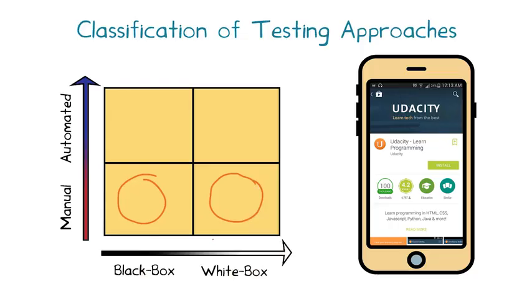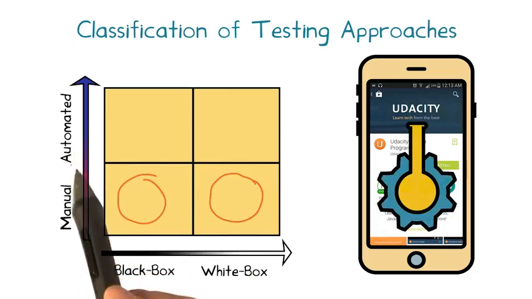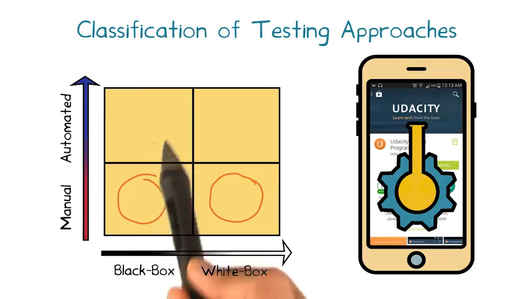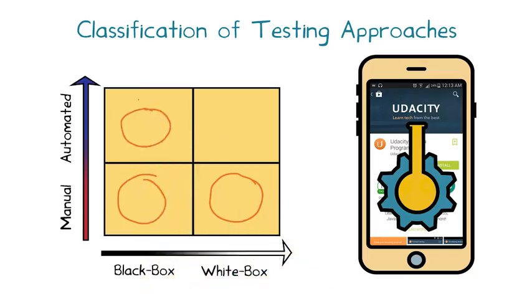Testing approaches we will learn in this course primarily will focus on the top two quadrants. That is, how to leverage modern tools and techniques to automate testing. For example, instead of manually activating GUI events for the Android app, we might use an automated approach, such as a fuzzer, to automatically issue tap commands to random coordinates of the smartphone. This takes the original black box approach and moves it upward to the automated side of the diagram.